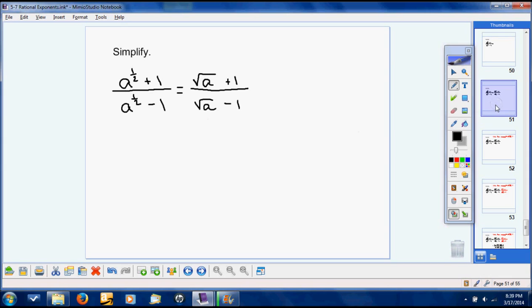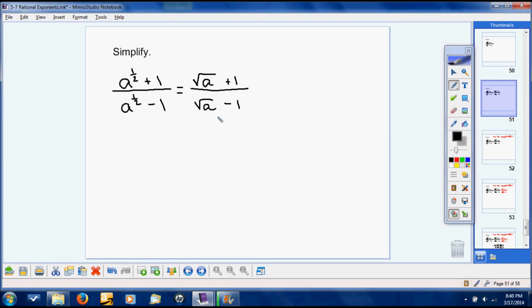Let's take a look. I can write it in my other form. Seems somewhat helpful. However, we're not there yet. But if you can recall from earlier in the week, we talked about conjugates. Okay, we talked about conjugates. This has a conjugate.